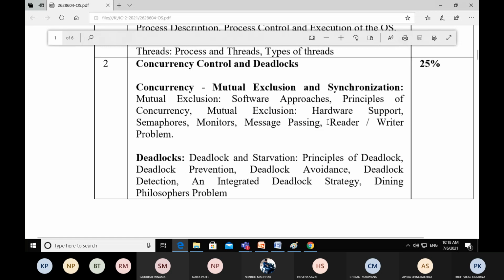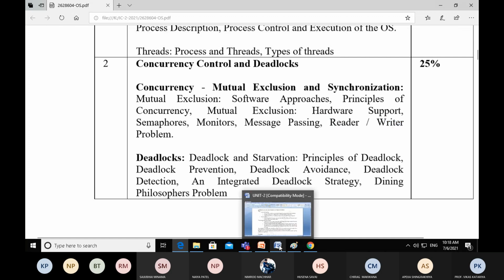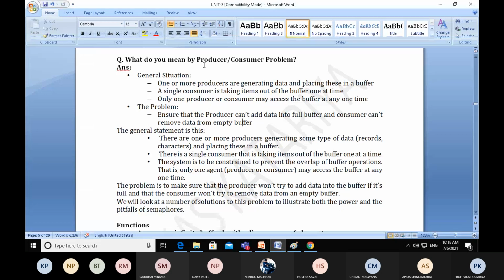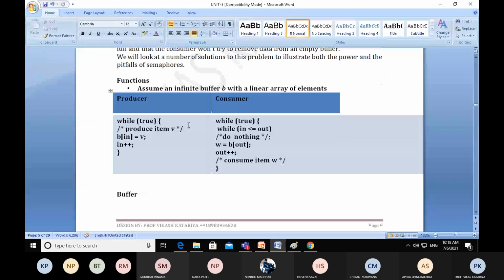Yes, there are philosopher problems: the dining philosopher problem and the reader writer problem. So we have to discuss one philosopher problem, reader and writer. Producer and consumer is not a part of the syllabus, so we can skip this.